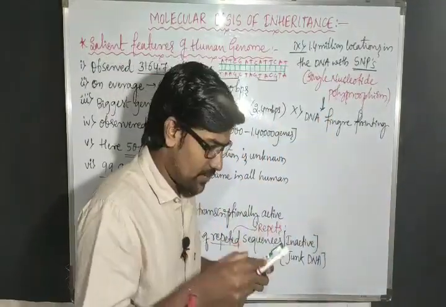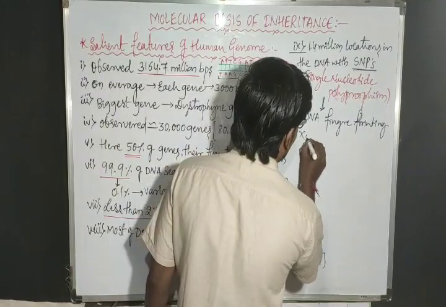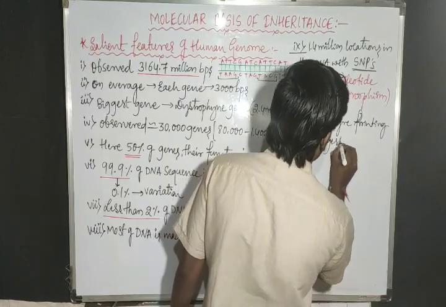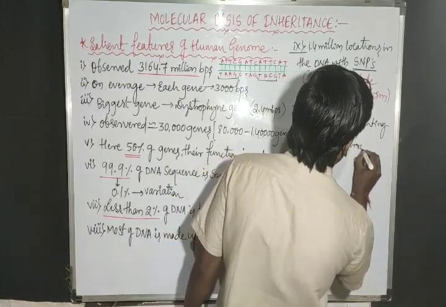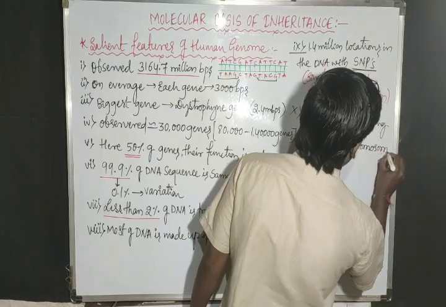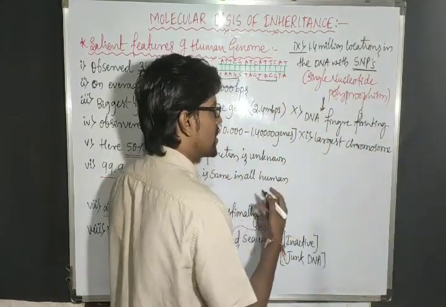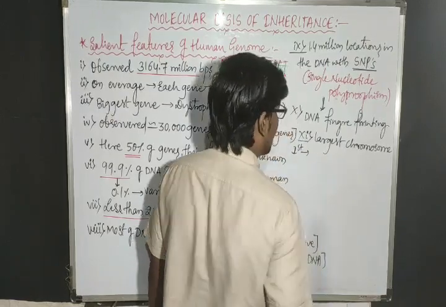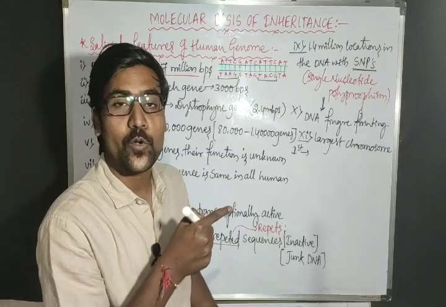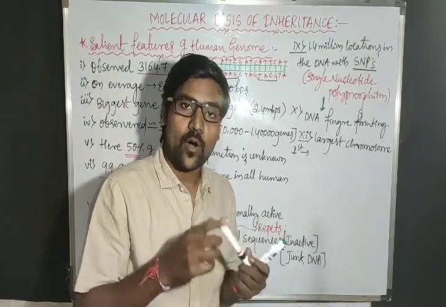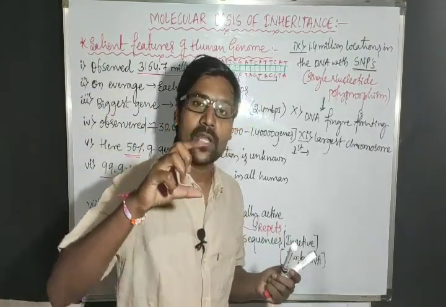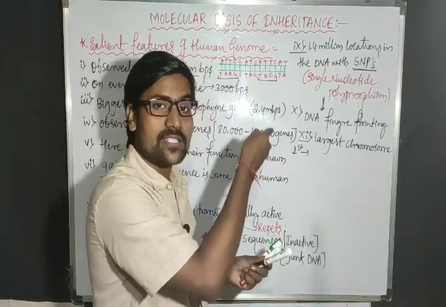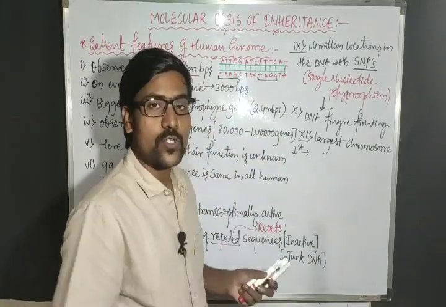And one more very interesting thing is the largest chromosome. In our cell the largest chromosome is the first chromosome. In the last class I told you the chromosome present in the biggest size is referred to as the first chromosome.